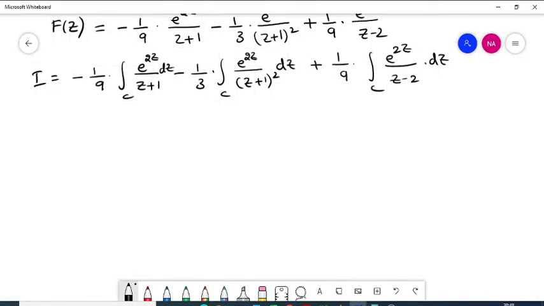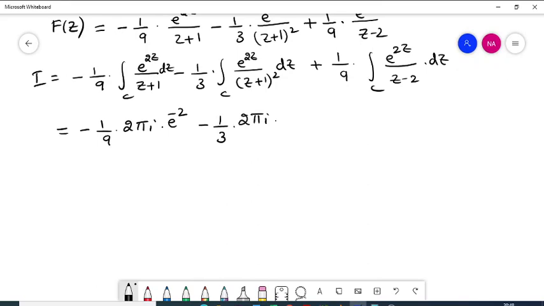So this one you can write directly, minus 1 by 9 into 2 pi i f of a, f of minus 1, that is e power minus 2. Okay, and this one minus 1 by 3 into 2 pi i f dash of minus 1.